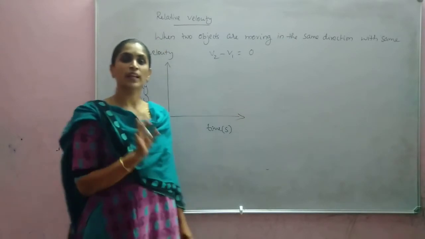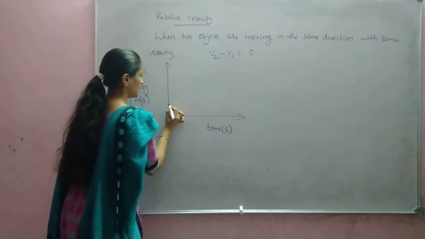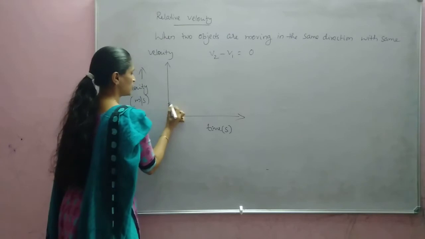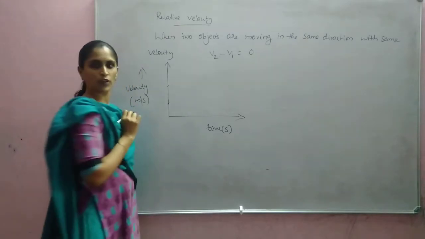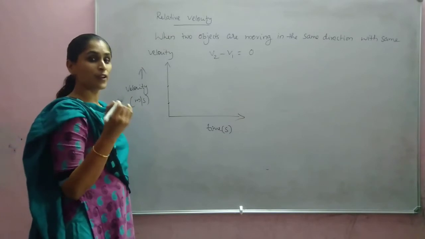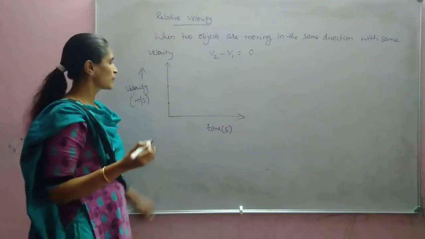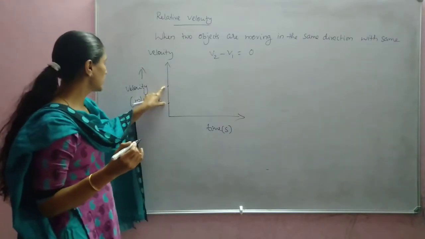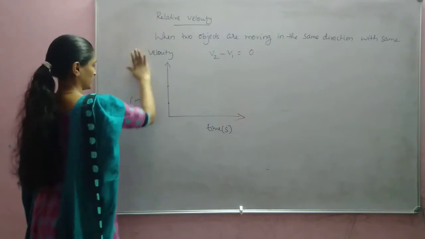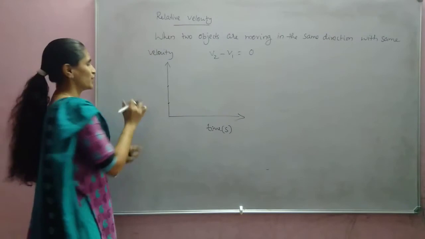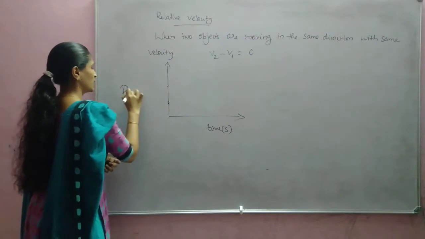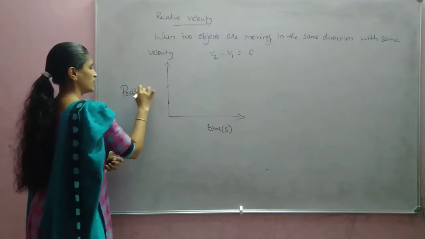This is the first object's position and this is the second object's position. Here it should be position, not velocity. Position in meters.